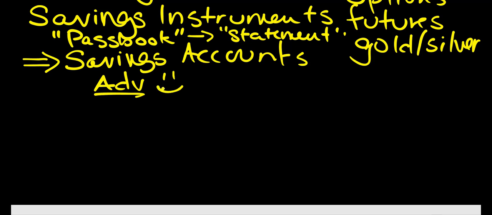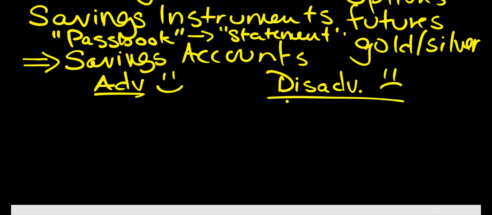These make us happy, and I'm big on happy faces and sad faces. These make us sad. A couple emojis there for you. Our advantages on the savings account are that our money is easy to access. You don't have to leave it in the bank for a specific amount of time. You can take it out with no penalty.